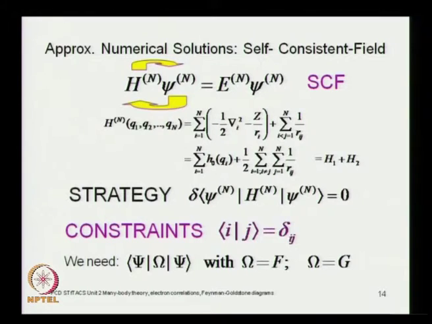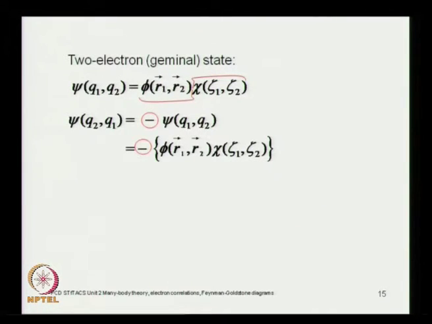So you can determine the expectation value of the single particle and 2 particle operators and proceed, and this is what we discussed in our previous course in atomic physics. The 2 electron geminal state is always nice to have some kind of handle on, because all the 2 electron interactions are expressed in terms of these functions.